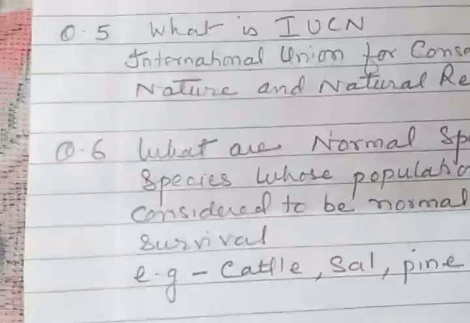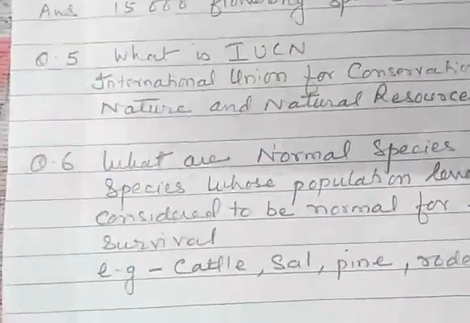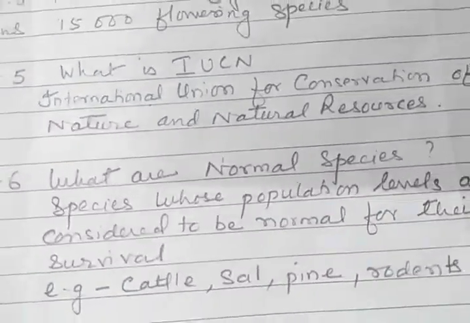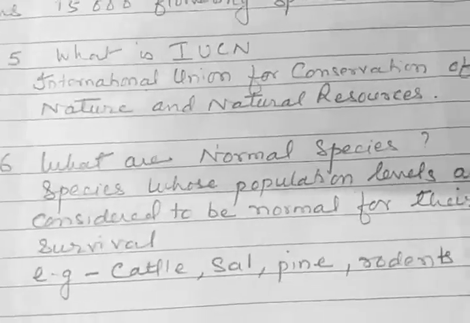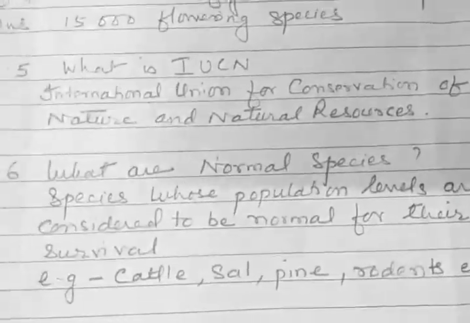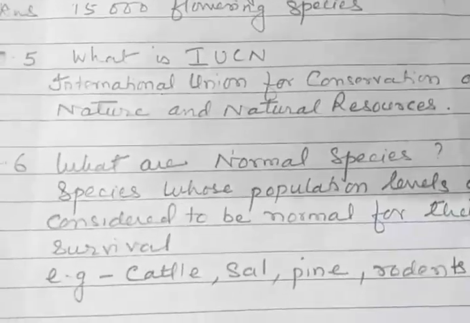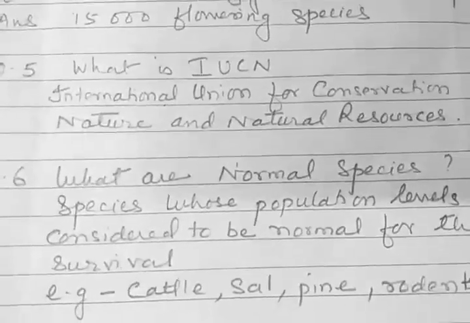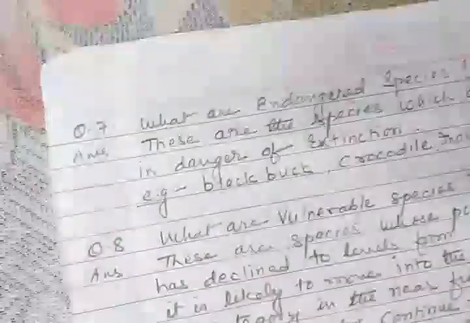Then you have got question 6. What are normal species? Species whose population levels are considered to be normal for their survival. Any two examples you can write there: cattle, sal tree, pine, rodents, etc. Next we have got question number 7.